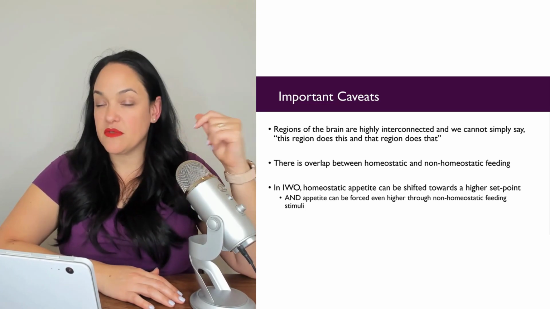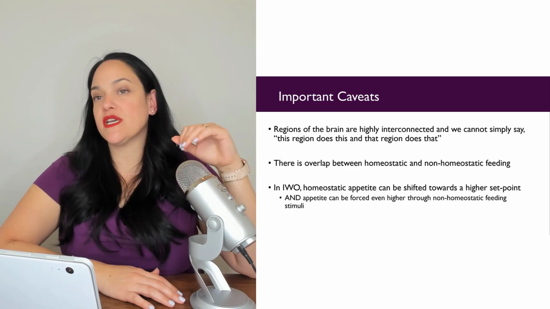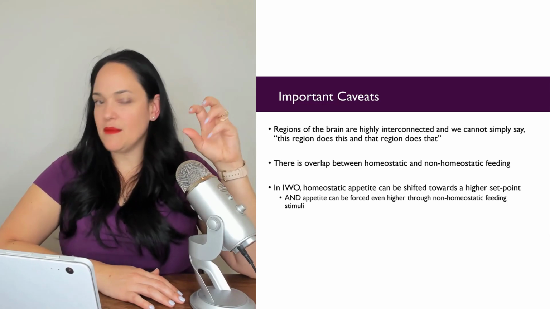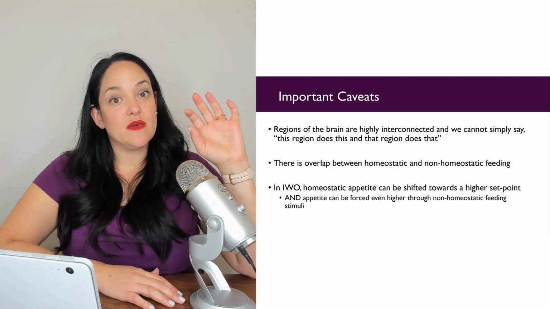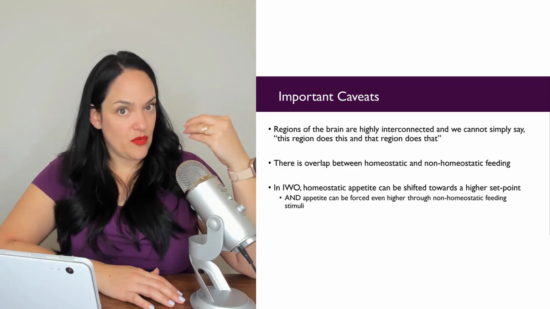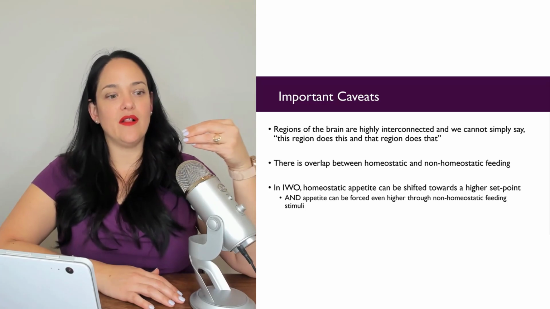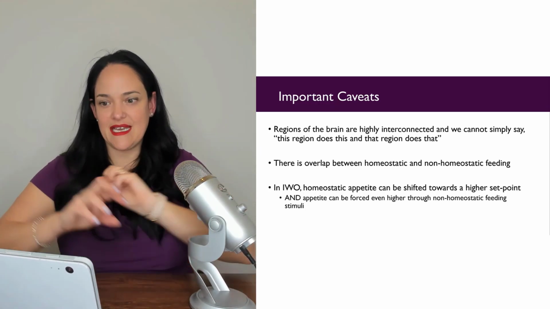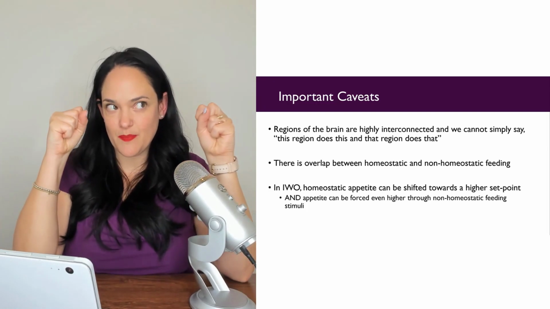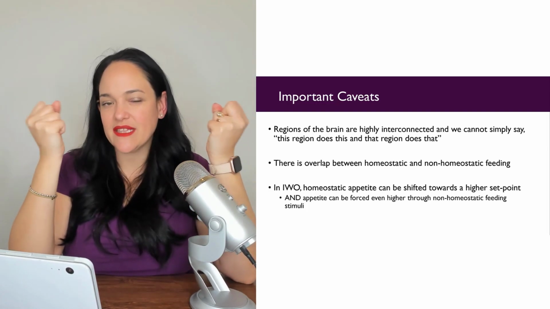the brain. I'm going to talk about the hippocampus. I'm going to talk about the prefrontal cortex. I'm going to talk about the nucleus accumbens and the reward pathway. And what would be a mistake for both you and I to do is to say, this region of the brain does this, that region of the brain does that, and just think of it really in a reductionist way like that.